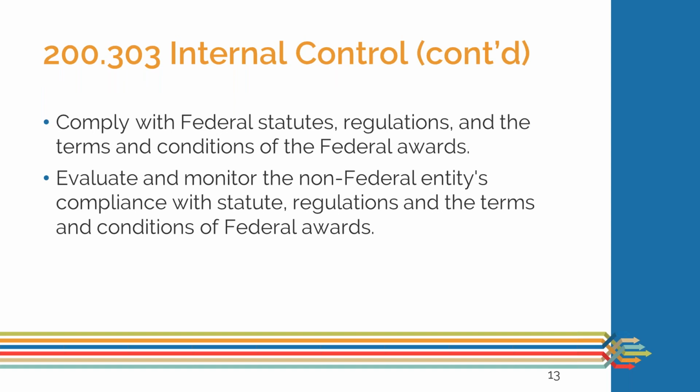As you can see with the internal control for the government, we need to comply with all federal statutes, regulations, terms and conditions. We also need to evaluate and monitor if we're in compliance with that, and then develop how we ensure that if things are not in compliance, we quickly work through to get them into compliance.